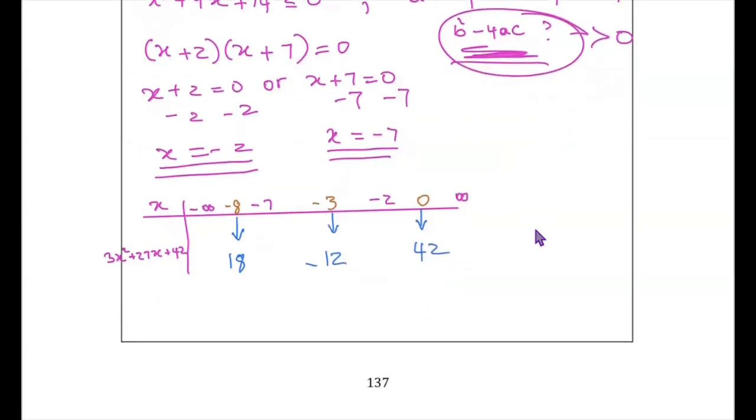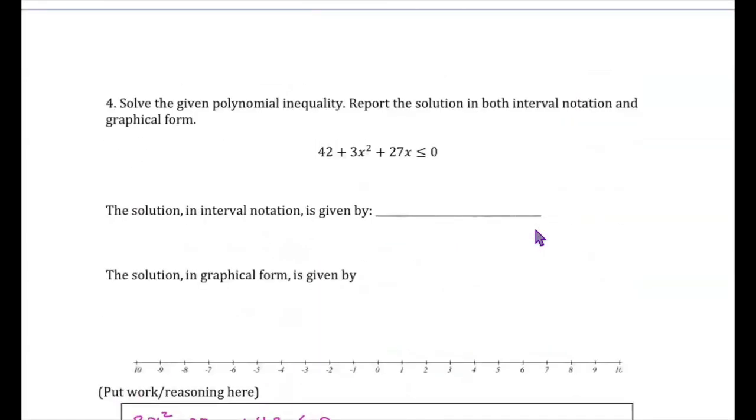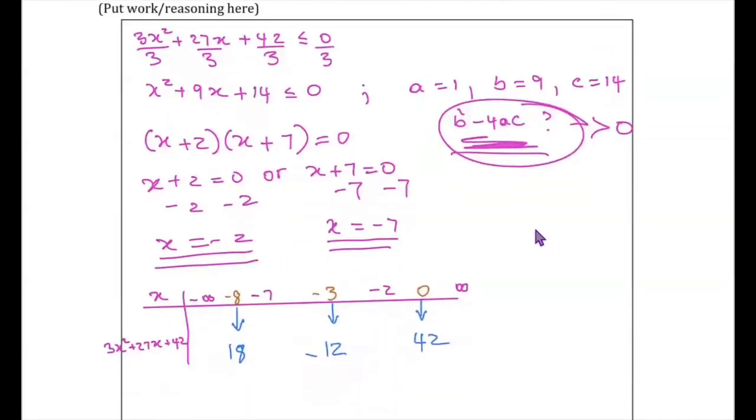So we see that, remember, we were solving only when the expression is less than or equal to 0. So the intervals that we have are from -infinity to -7. We include -7 because -7 makes the expression equal 0.